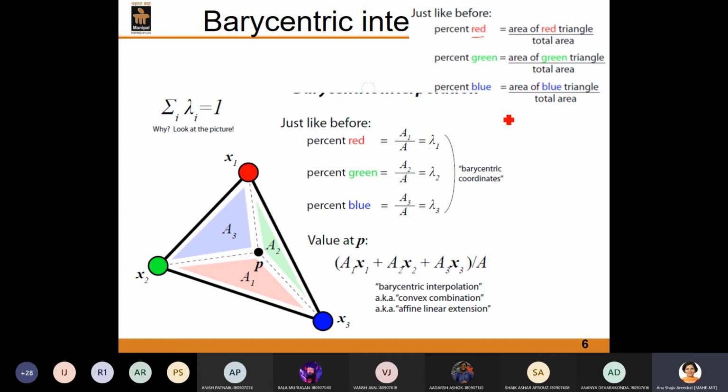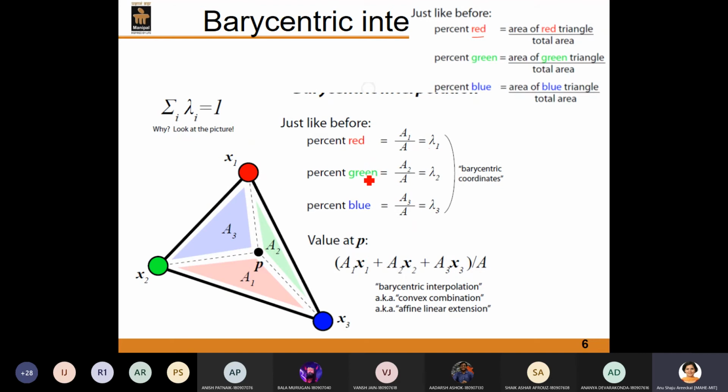Similarly, you can find the percentage green by taking the ratio of the areas, and that would give me A2 by A. The percentage of blue with respect to the ratio of areas would give me A3 by A. As you see here, A3 is the contribution by blue, divided by the total.